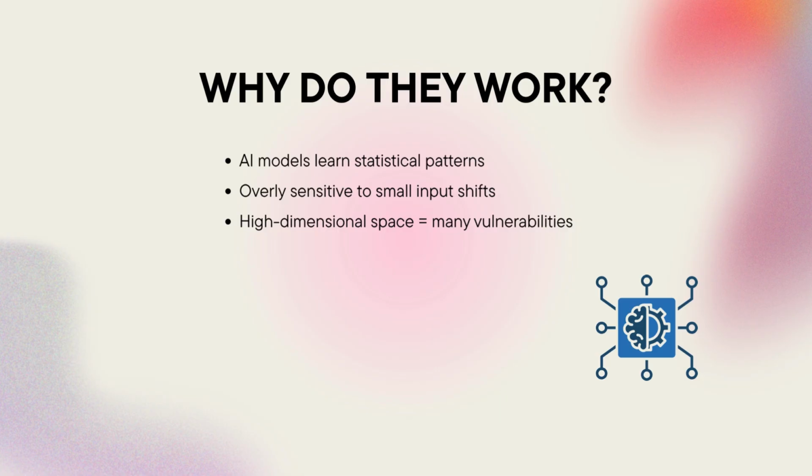This high dimensional space makes them sensitive to very small changes that shift inputs just enough to fool the model. Humans rely on gestalt perception. We see the whole object, but models can be misled by subtle manipulations at the pixel or feature level that accumulate into major misclassifications.